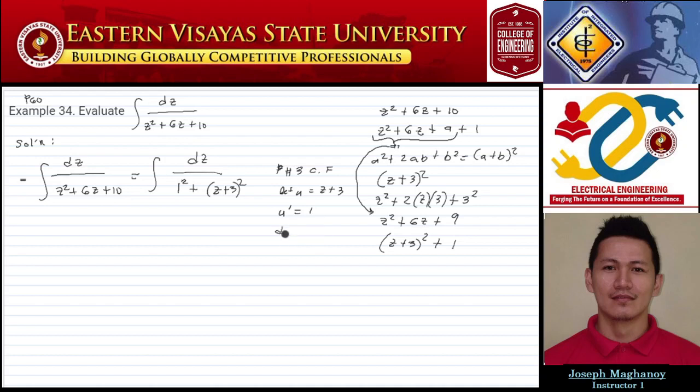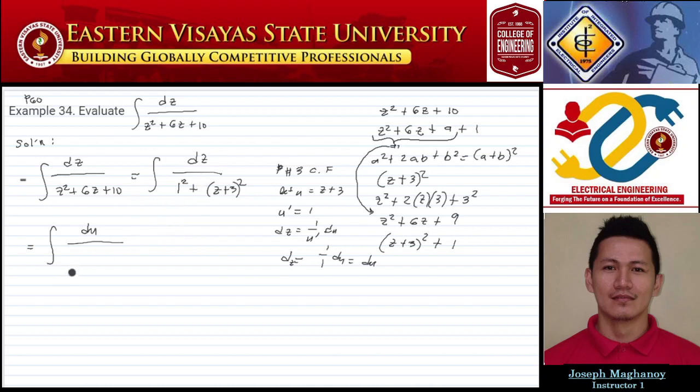Therefore, our dz is equal to 1 over the reciprocal of your du. Okay, so your dz is 1 over 1 du, which is equal to du only. So we apply our correction factor. So we write it here. Applying our correction factor, our dz, we replace it with du. So now no multiplier. It's only 1.